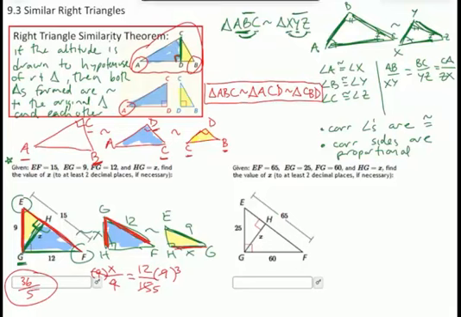Now, let's say you didn't choose the middle triangle. Let's say you chose the small triangle. If I chose the small triangle and I started with x, x is now this lower base, this lower leg. So that corresponds in my original triangle to a side of 12. And that's equal to the other length that I have in my small triangle, the hypotenuse 9, over its corresponding measure in the original, which is 15.